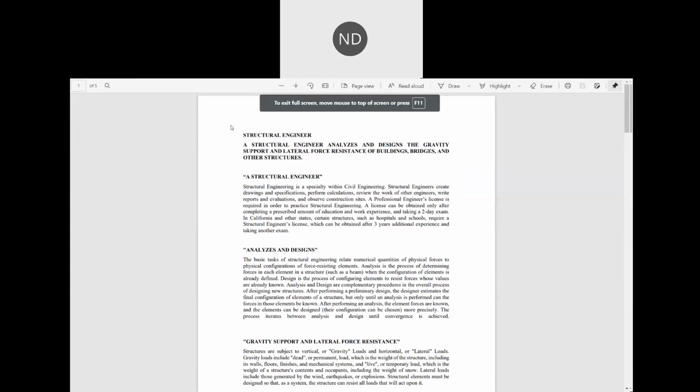Now we can go into detail about the structural engineer. The structural engineer analyzes and designs the gravity support and lateral force resistance of buildings, bridges, and other structures.